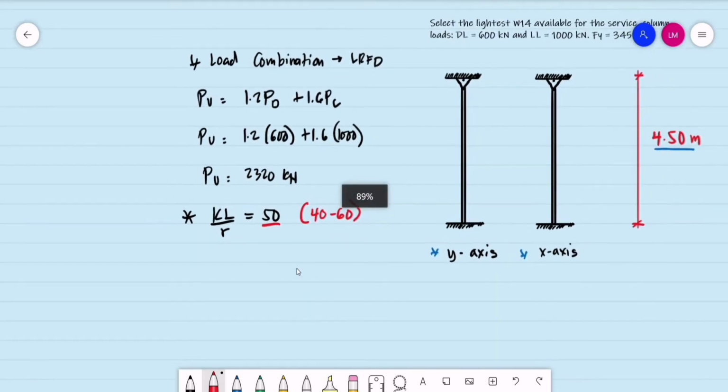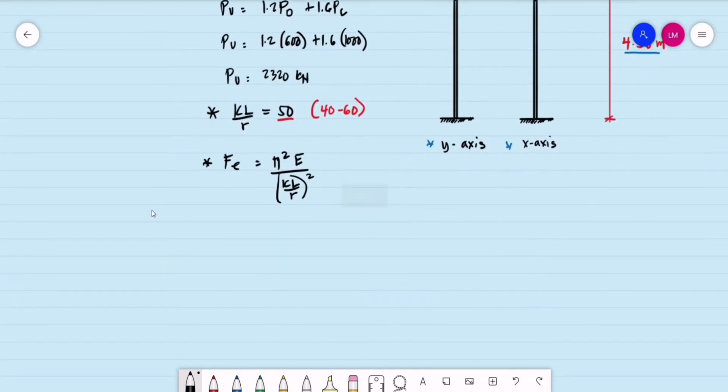Now that we have this assumed slenderness ratio, we can compute for F sub E. F sub E is equal to, this is Euler's formula, pi squared E divided by the slenderness ratio squared. Let us compute this value.